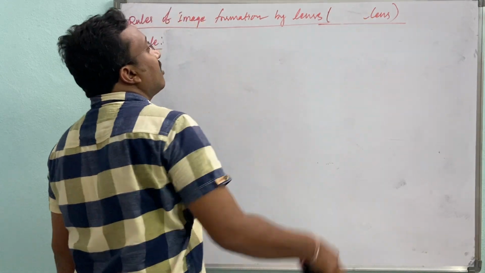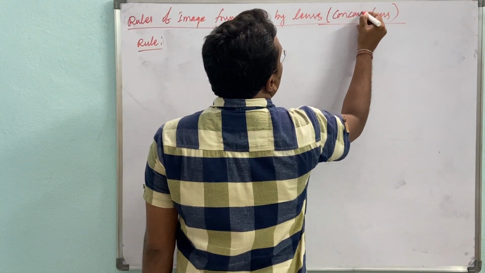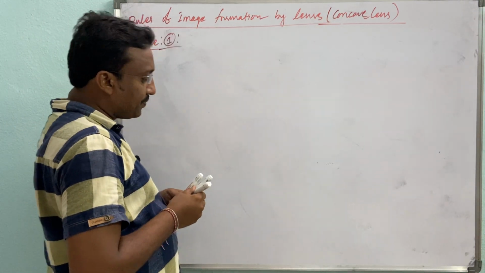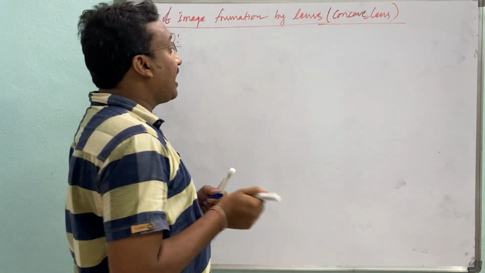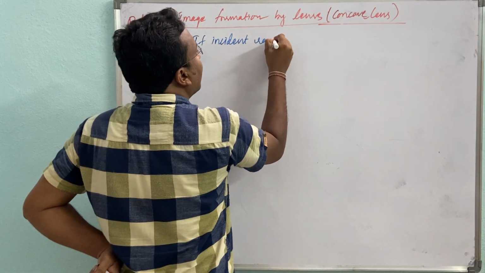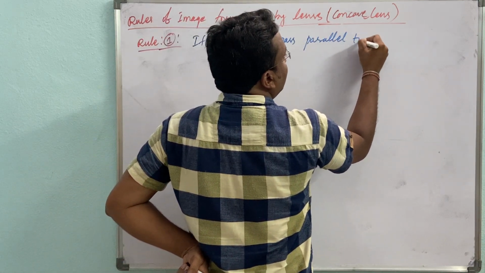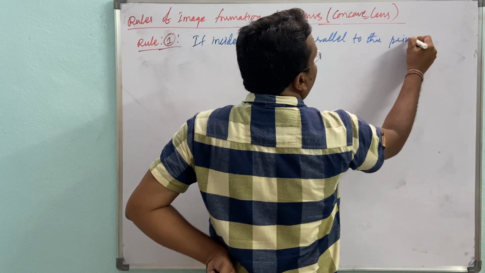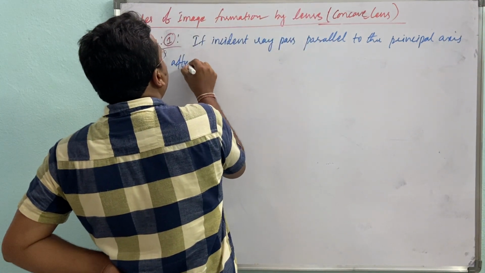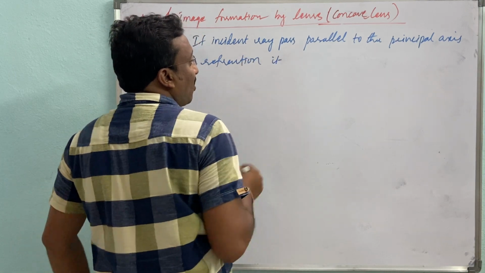Here you can take concave lens. Rule 1 says that the incident ray passes parallel to the principal axis, after refraction, what happened?